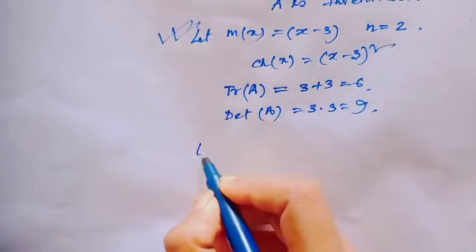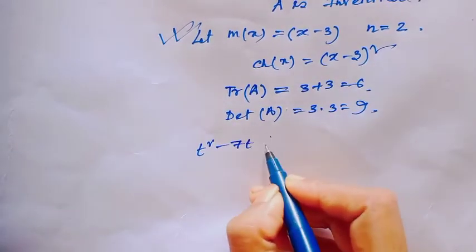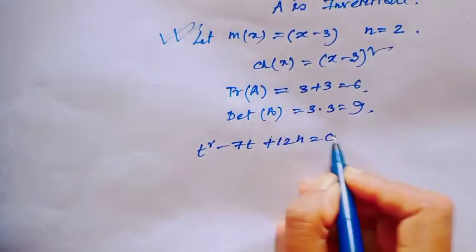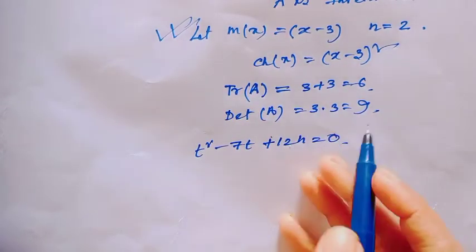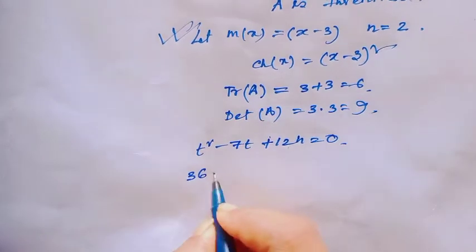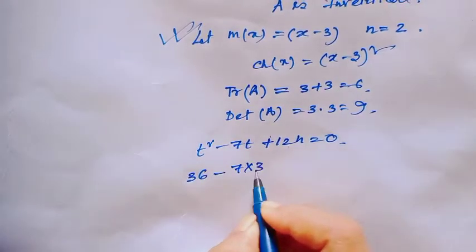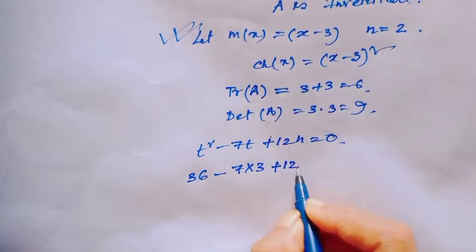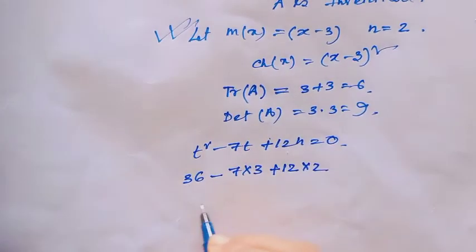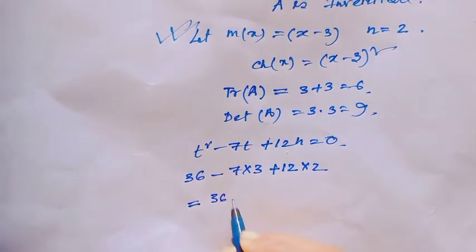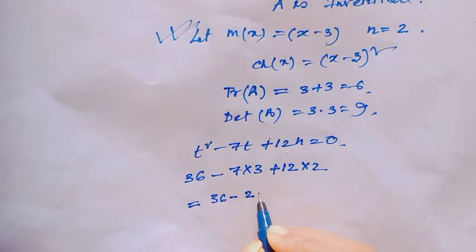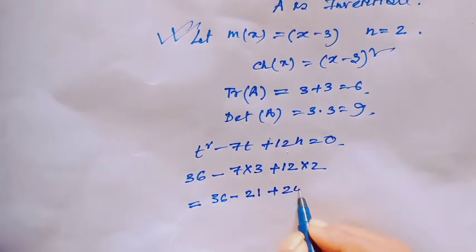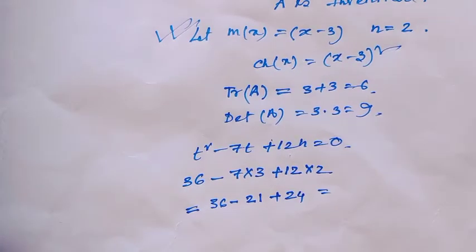That means t square minus 7t plus 12n equal to 0. Here t equal to trace of A means 36 minus 7 times 6 plus 12 times n, and here n equal to 2. This value is equal to 36 minus 42 plus 24, which is equal to 18.